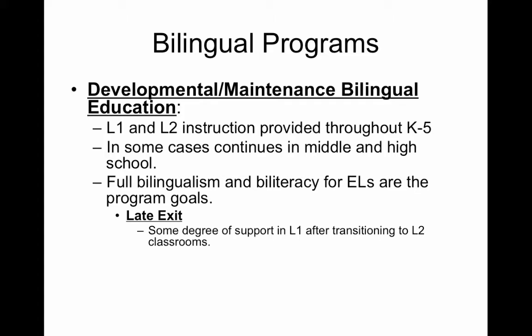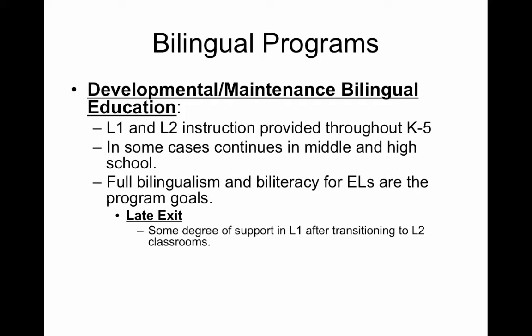We might see this more in K through 5, but once the kids start in kindergarten and go through 5th grade, there are a lot of developmental maintenance bilingual ed programs that are now continuing into middle school and high school.